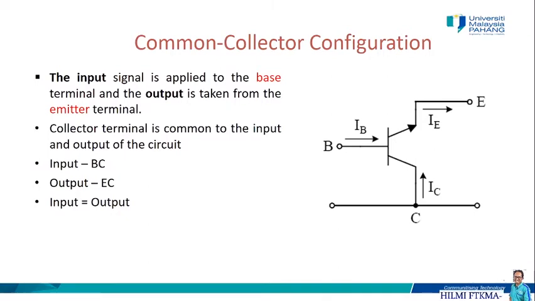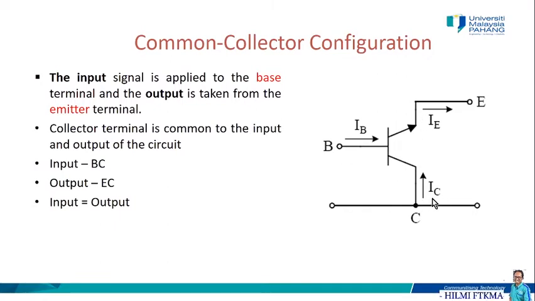So let's take a look at the first configuration, the common collector configuration. The input signal is applied to the base, the output is taken from the emitter, and the collector is going to be common to the input and output. So basically, the input is from the base to collector, and the output is from the emitter to collector.